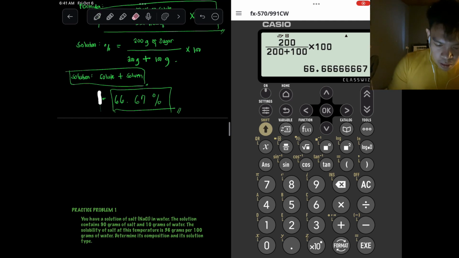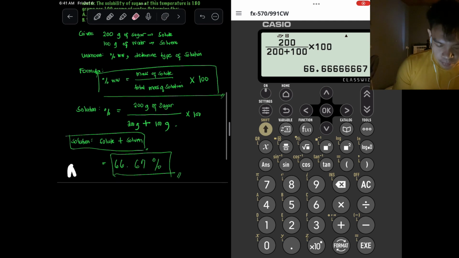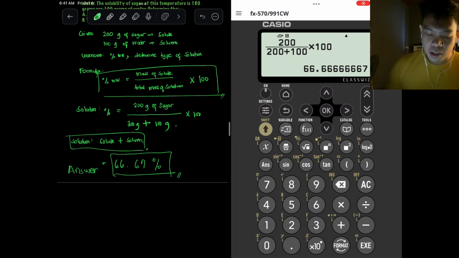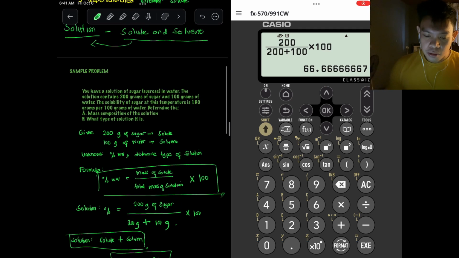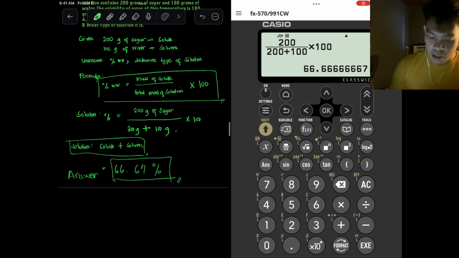Now, since we have 66.67%, what type of solution is it? If we have 66.67%, is it a saturated, unsaturated, or supersaturated solution? In comparison, the solubility of sugar at this temperature is 180 grams per 100 grams of water, and the concentration of this solution is only 66.67.